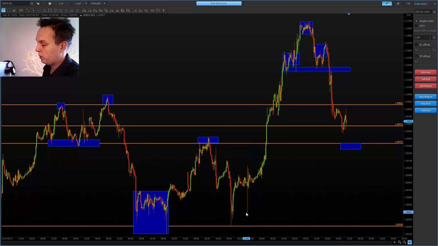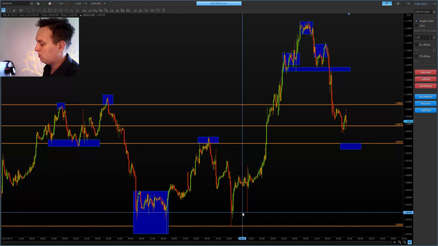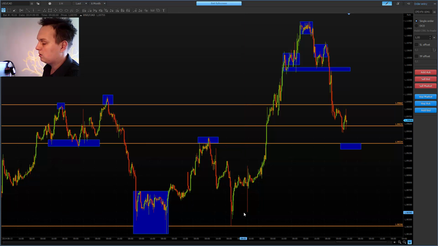Here we have a wick and candle low here, okay, 0.839. Why is that? Because there were some buyers around this level, around this bottom, there were more buyers, they wound up the price.